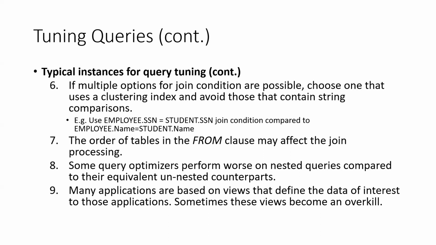The example I gave you is the employee table. Usually the key is the social security number, but you can use some other attribute together, like let's say department number. If you frequently query that information, you can combine the two. So that's the clustering index.